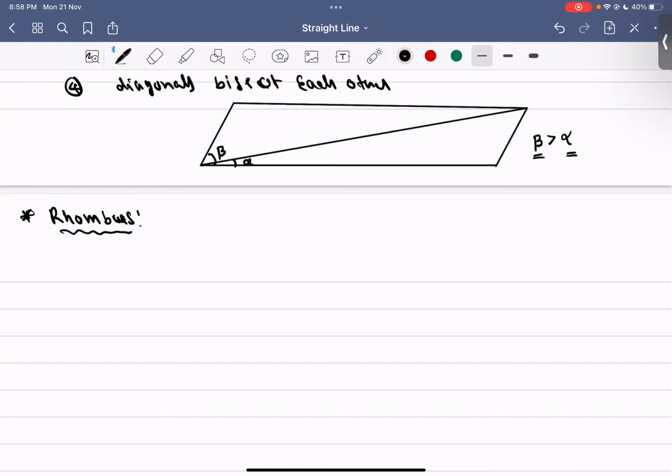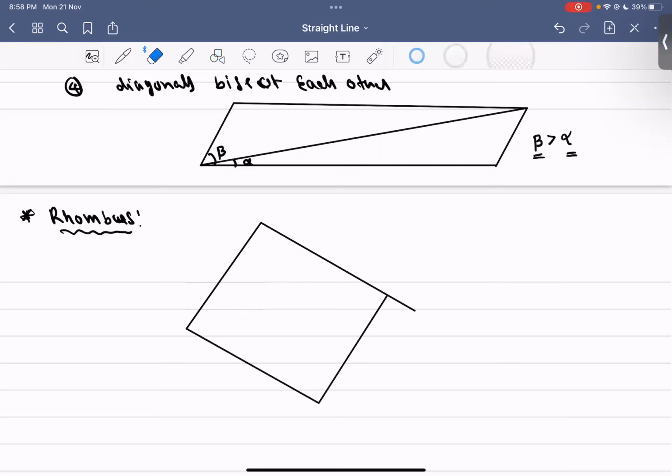So you'll write like this. First I'll draw the rough diagram.